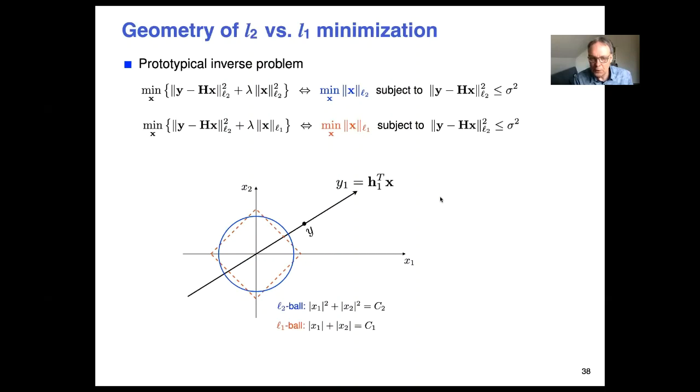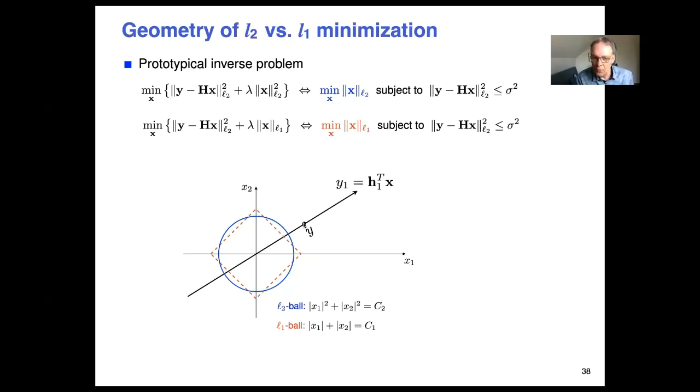Let's look at what happens if x lies in 2 dimensions. If we want to do compressed sensing in 2 dimensions, we just take one measurement. The measurement is this vector H1. It lies in 1 dimension, and you get the value. Now you have your consistency criterion.